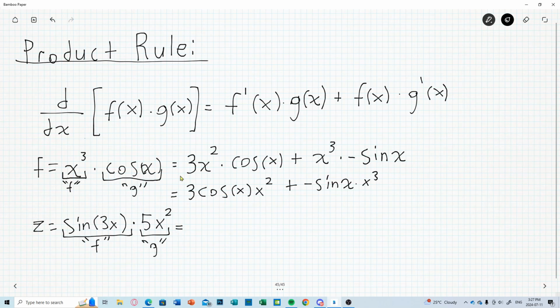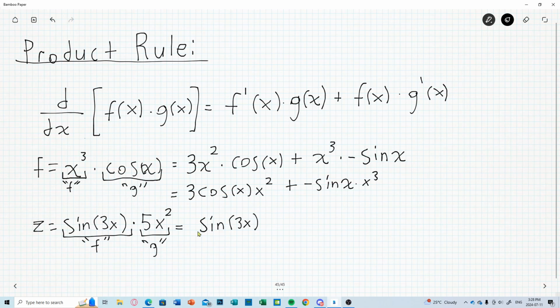Our first step is going to be taking f prime. As you notice, this is in the form of the chain rule. First we're going to take this and copy it over here, so we're going to put sine 3x. Now, ignoring the product rule for now, we're just going to work with the sine of 3x.